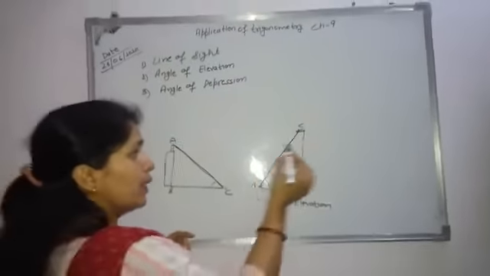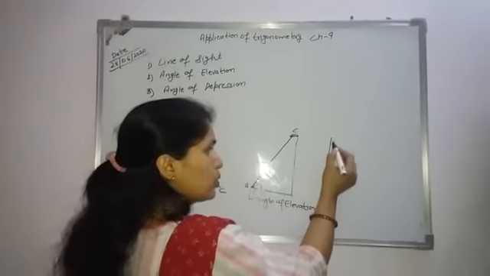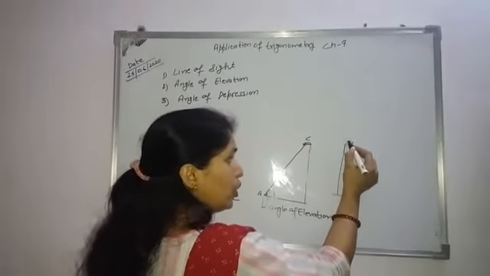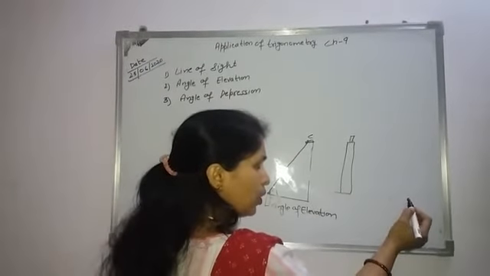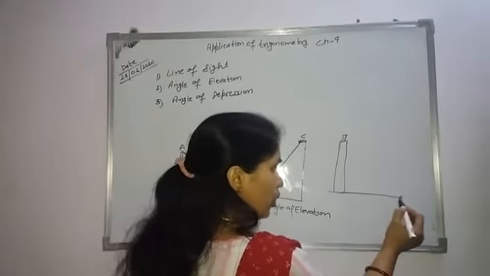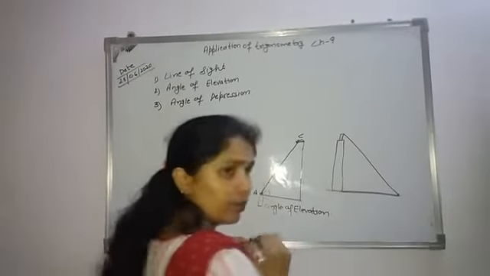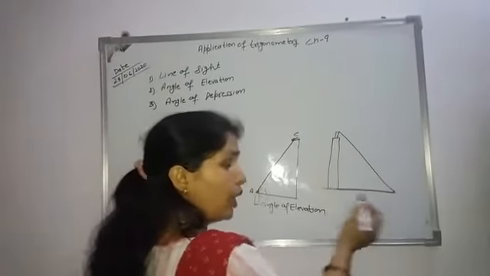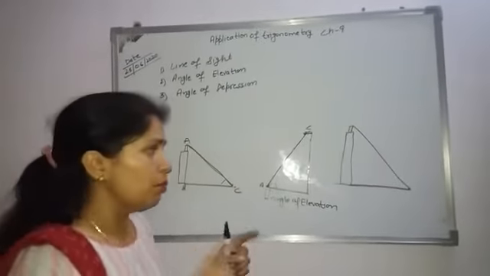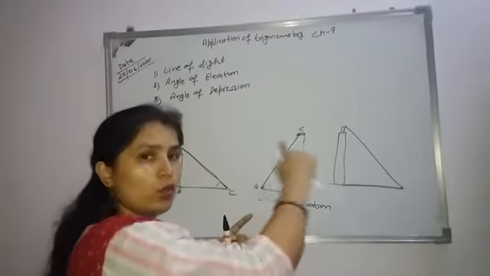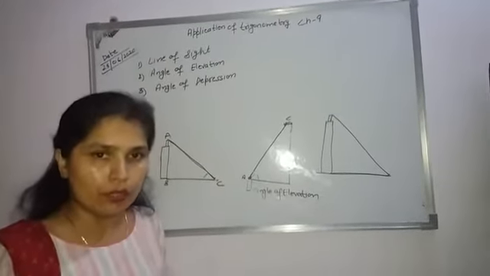Now next one is the angle of depression. What is the angle of depression? If suppose we are on the top of the building, we want to see something on the ground floor or in the street. So this is the line of sight. In this case, we don't have any horizontal line, but I told you the angle between the line of sight and the horizontal line, that angle is the angle of elevation or angle of depression.